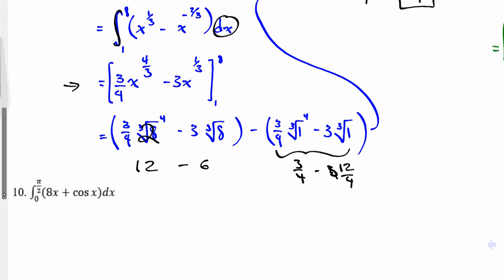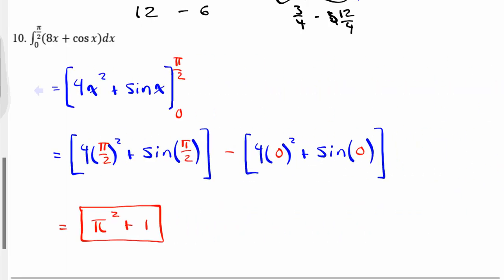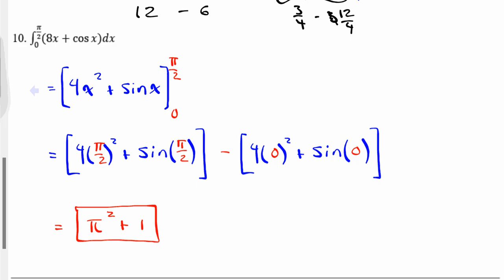9 is good. Who wants more time for number 10? Not very many people, so let's just go over it so we get to our next example. There's my work.